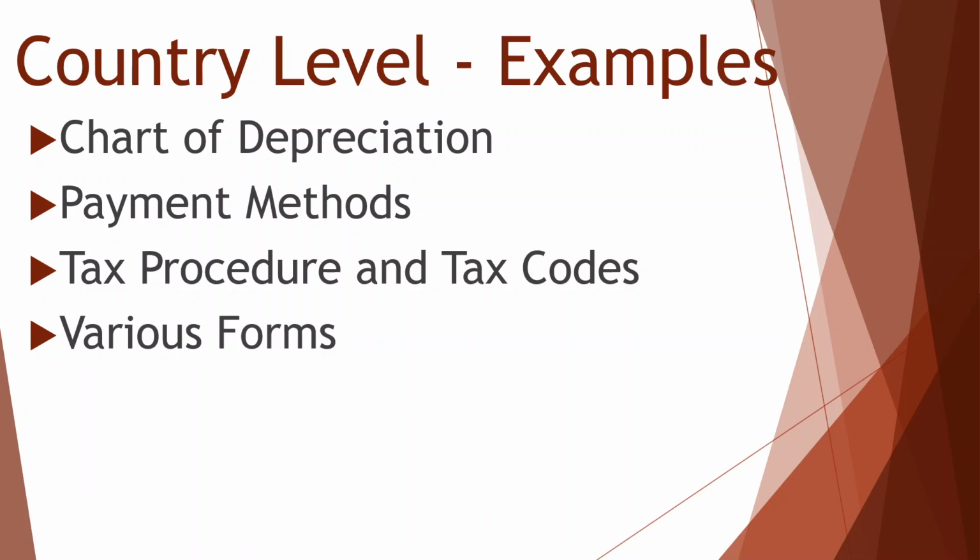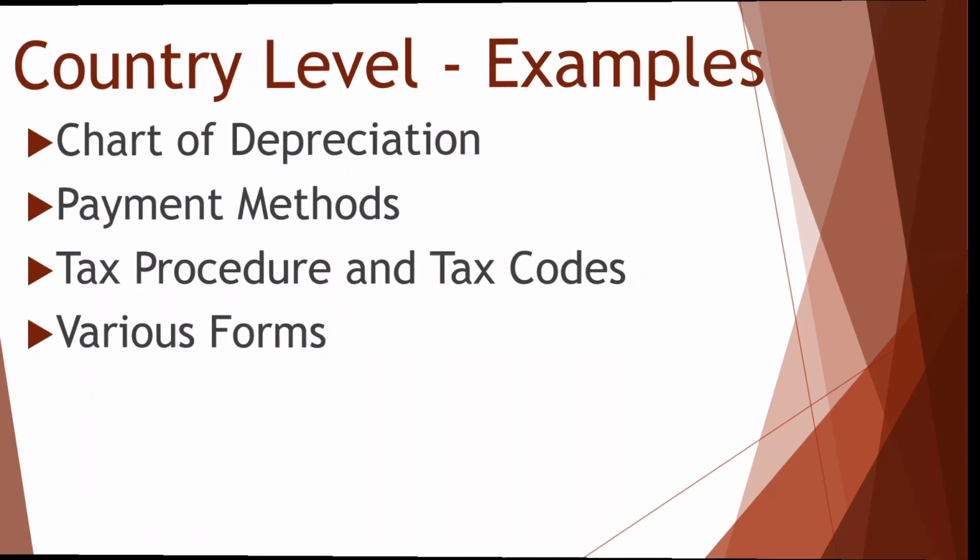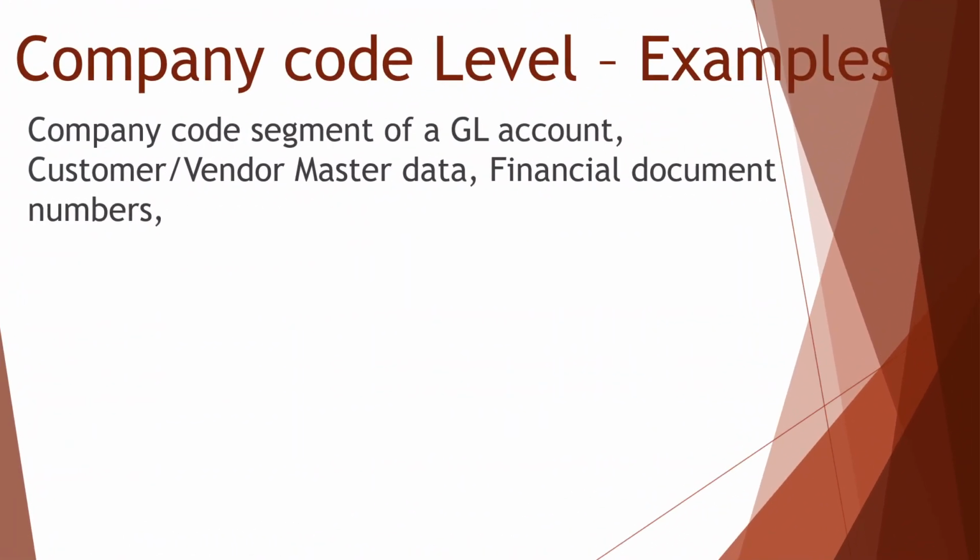Now let's move to the next slide. Company code level, which is actually the lowest level available in the SAP system from the SAP FICO perspective. You might ask what all things are defined at the company code level. So the company code segment of a GL account, as you know, a GL account is made of two segments, chart of account segment and company code segment.